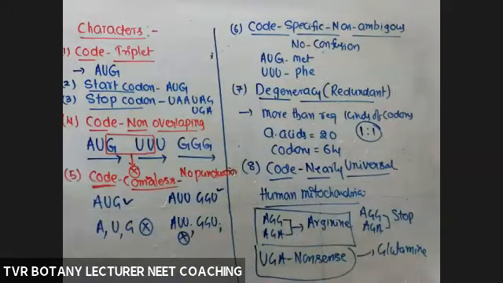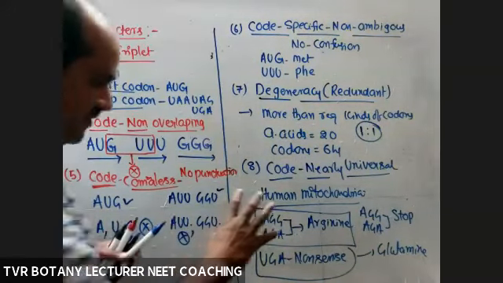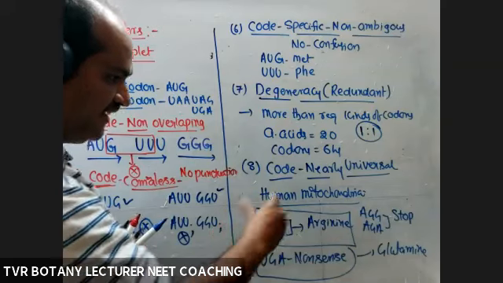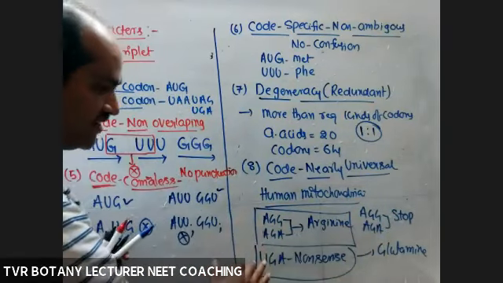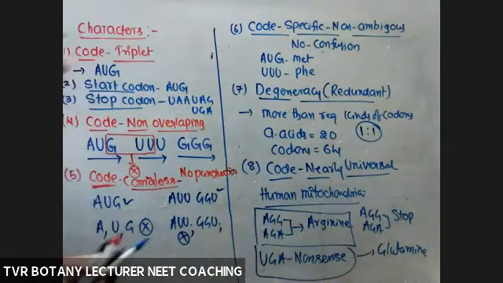So here we can take the statement: a sense codon acting as a nonsense codon, and a nonsense codon acting as a sense codon. So that is about the characteristics of the genetic code.